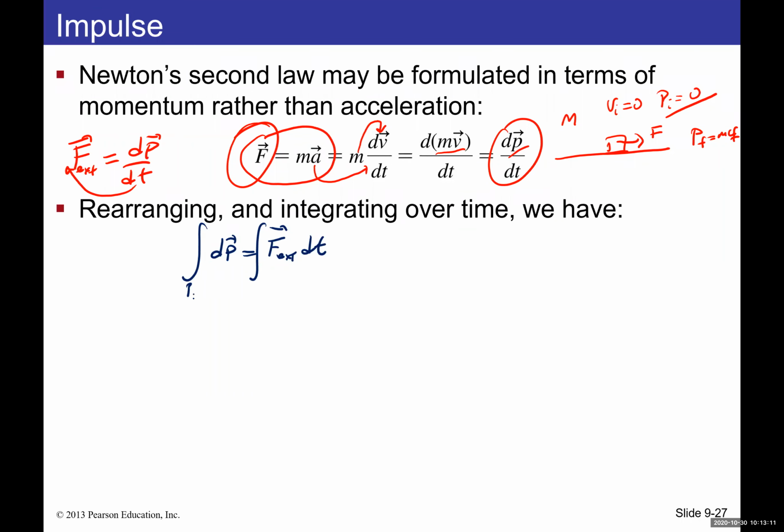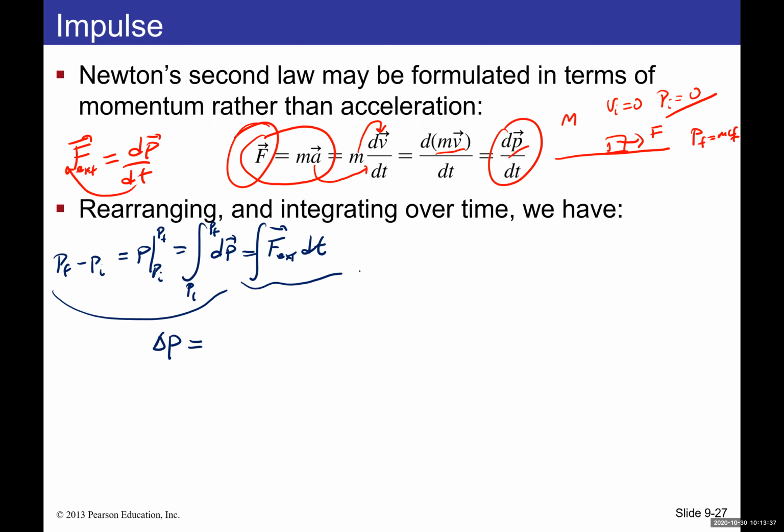This one will be from p initial to p final. The left side integral is very simple because you're integrating dp, which becomes p with limits p final and p initial, so p final minus p initial. That means the left side becomes p final minus p initial, which is nothing but delta p. The right side, we have this.